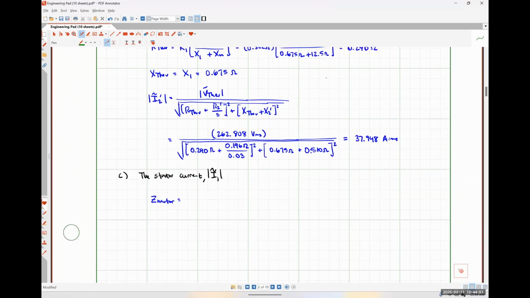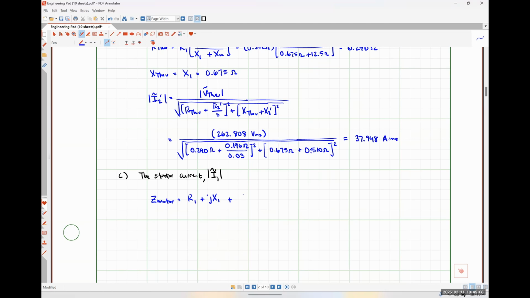So our motor impedance would be R1 plus JX1. So that's our stator. Then we have our core in parallel with our rotor.